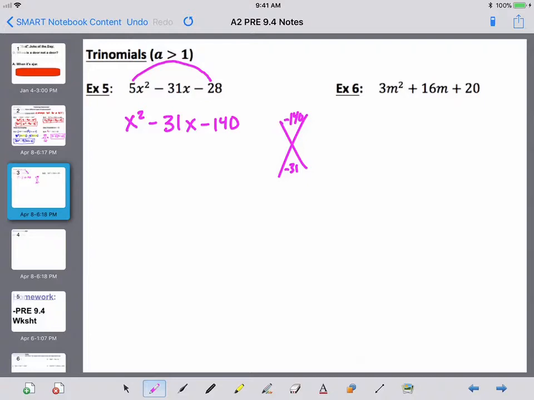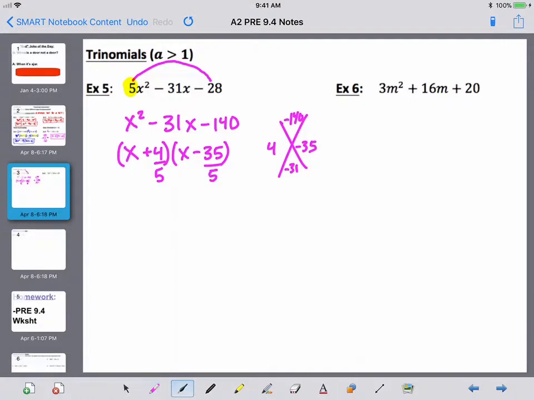Might take a little time on this one, but it does turn out that 4 times negative 35 is negative 140, and if you add those two numbers together, you get negative 31. So this is going to factor into x plus 4 times x minus 35. And then remember, we dropped this 5 at the beginning, so now we need to divide each of these constants by that leading coefficient.